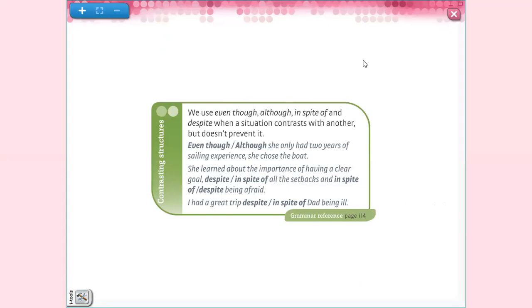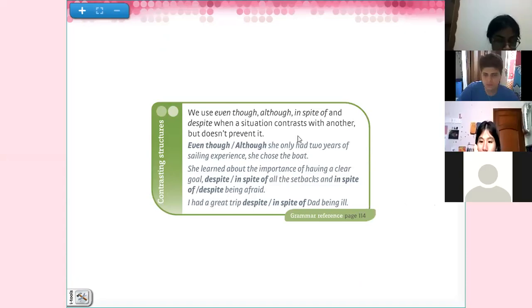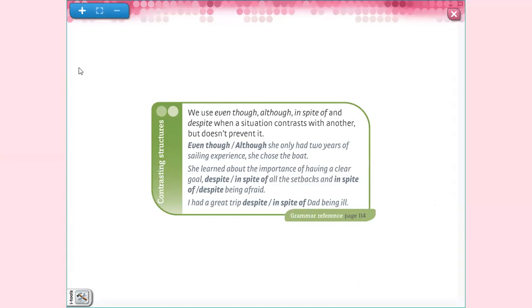contrasting ideas or structures. Dolber, please, help me read this picture. We use even though, also in spite of and despite when a situation contrasts with another but doesn't prevent it.